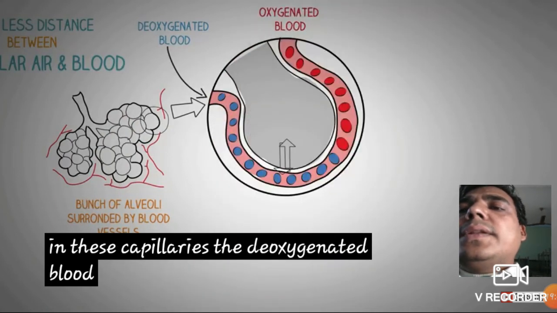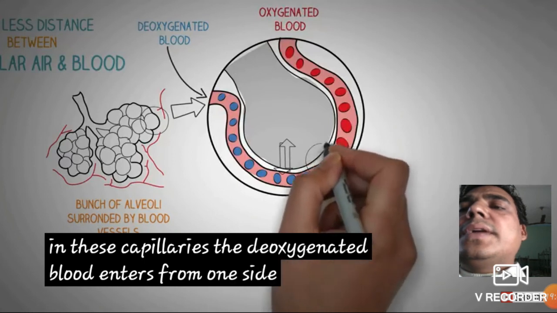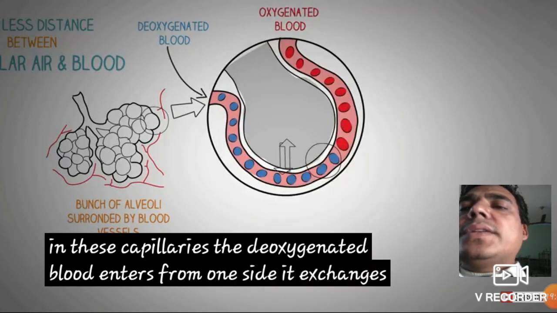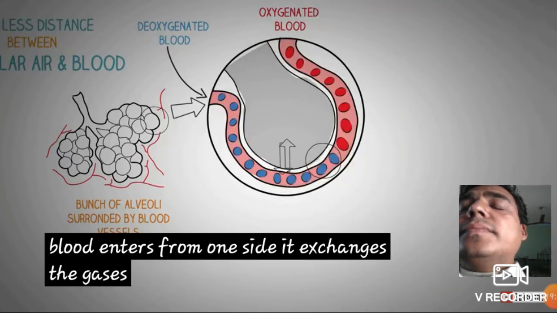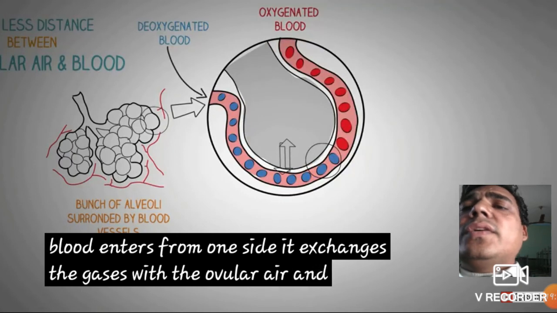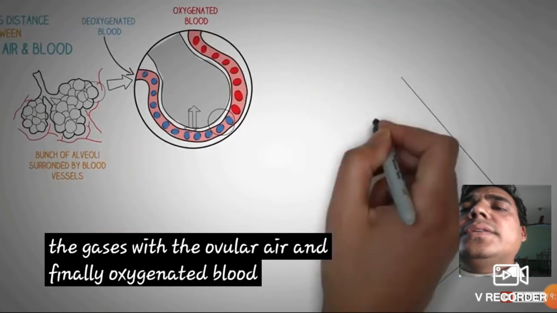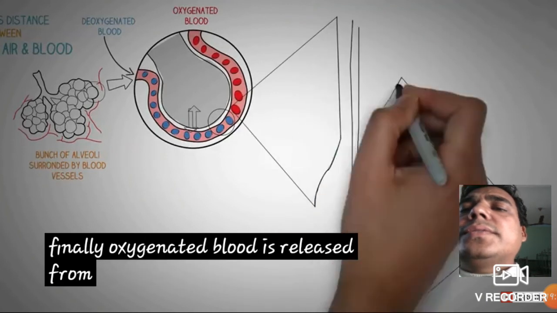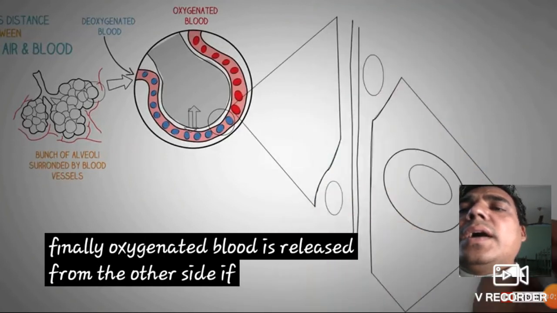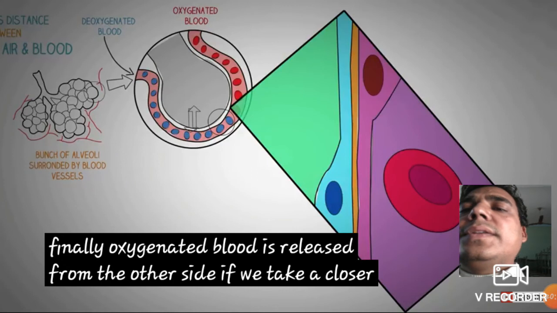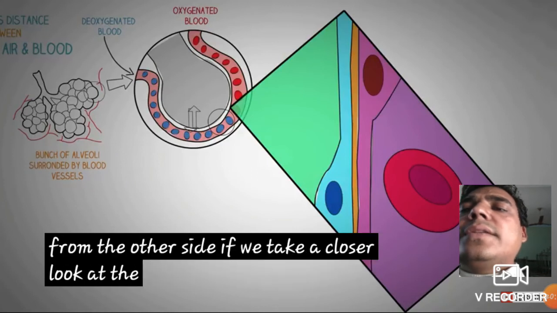In these capillaries, the deoxygenated blood enters from one side, it exchanges the gases with the alveolar air, and finally oxygenated blood is released from the other side.